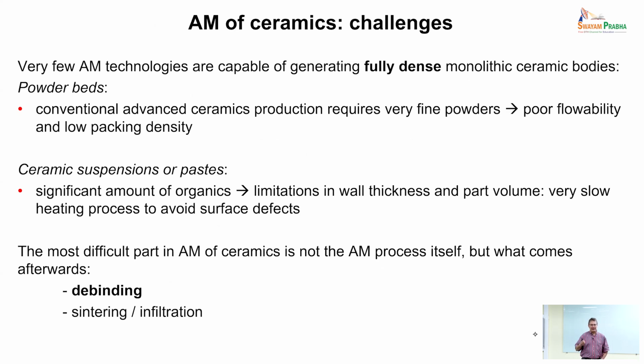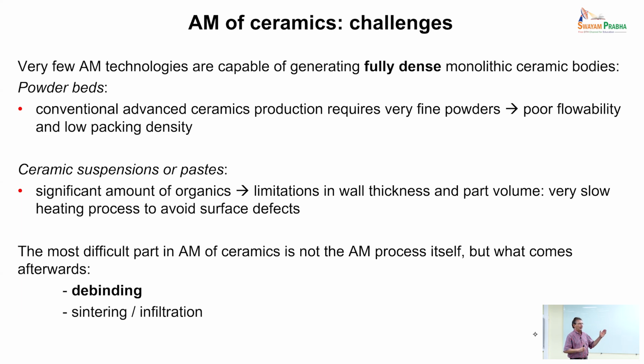So if you want to make a dense body, meaning a body that has a certain structure, but basically it's dense, let's say I want to make something like this, then additive manufacturing is not really good because of the issues that I mentioned before in terms of wall thickness, in terms of final part density, and things like that.